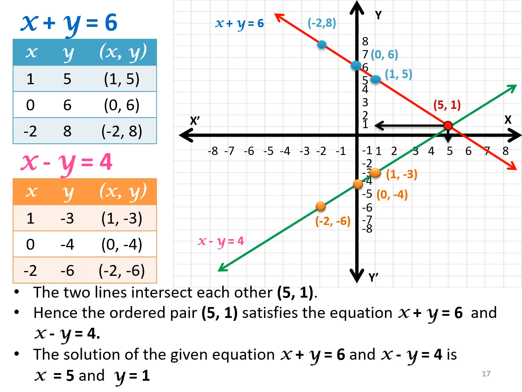So the two lines are intersecting at 5, 1. 5, 1 is the solution of both the equations, x plus y is equal to 6 and x minus y is equal to 4. So the solution for x plus y is equal to 6 and x minus y is equal to 4 is x is equal to 5 and y is equal to 1.